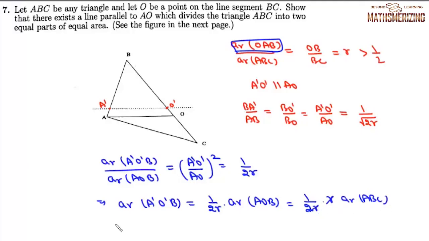Now this R and R will cancel. So from here we can say area of triangle A dash O dash B is half the area of triangle ABC. So this is how we have proved that there exists a line parallel to AO which divides the triangle into two parts of equal area.